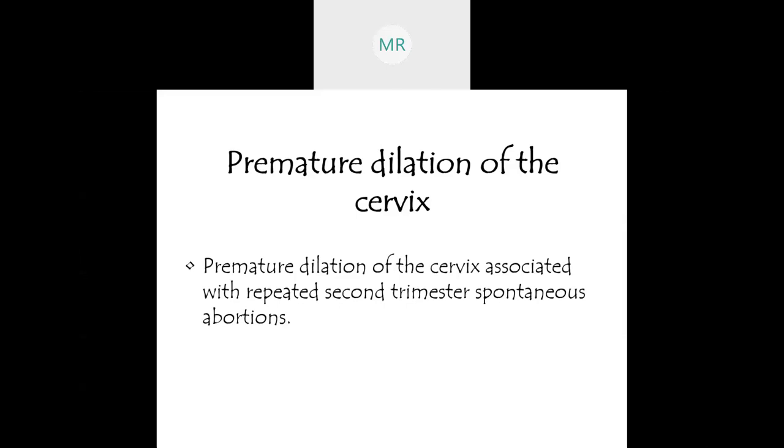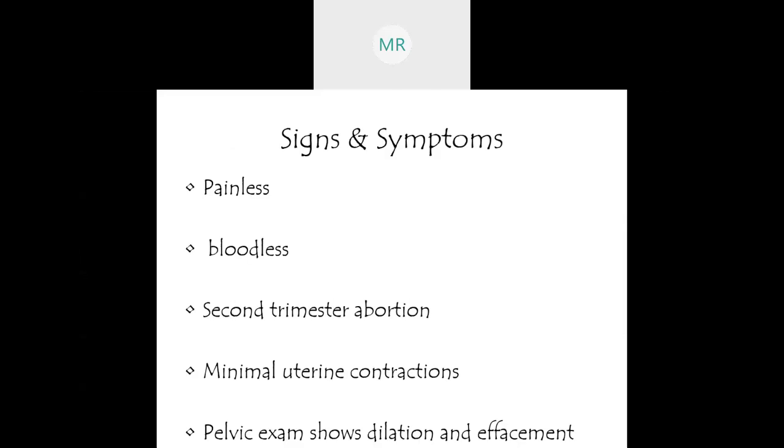The cervix just dilates, which it's not supposed to unless you are in labor. This is defined as painless during the second trimester. Again, signs and symptoms are painless, bloodless, so it doesn't have to be blood. Second trimester abortions, minimal uterine contractions. Pelvic exam just shows the dilation and the effacement.